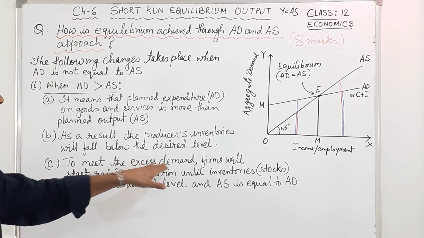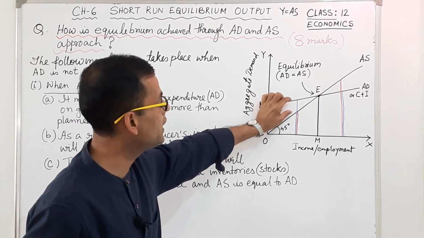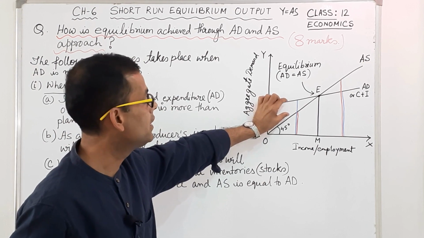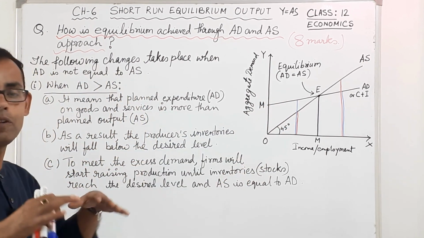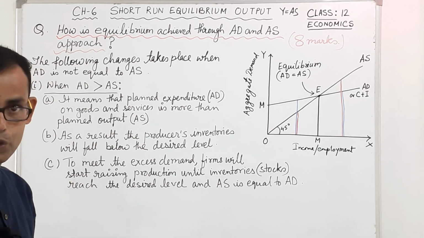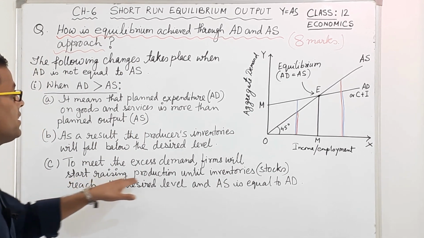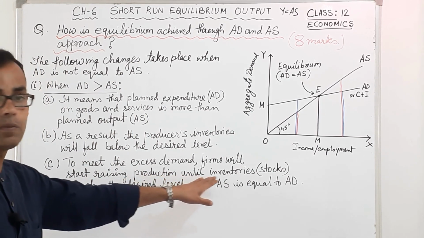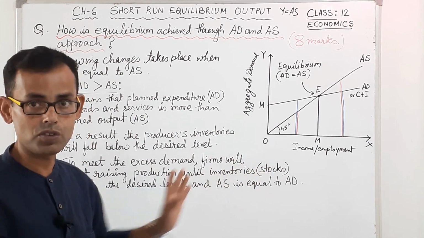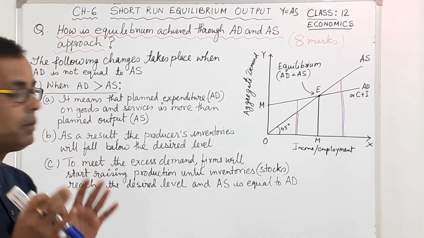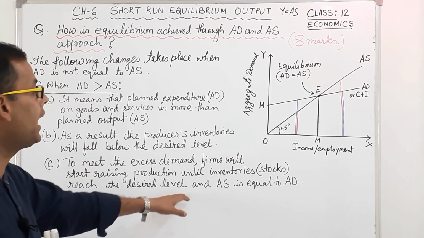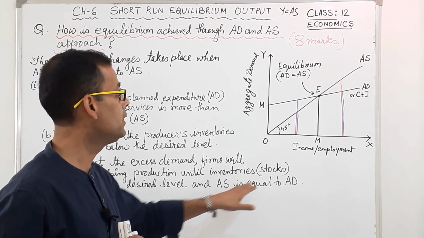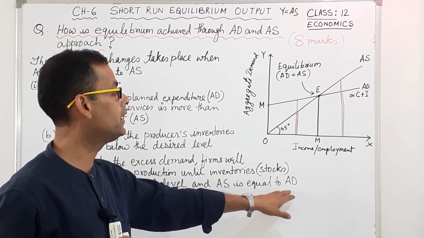To meet that excess demand, this much portion is the extra demand, this portion they have to fulfill. So they will start producing more goods, raising the production of inventories or stocks. Till how much will they produce? Till it reaches the desired level and aggregate supply becomes equal to aggregate demand.